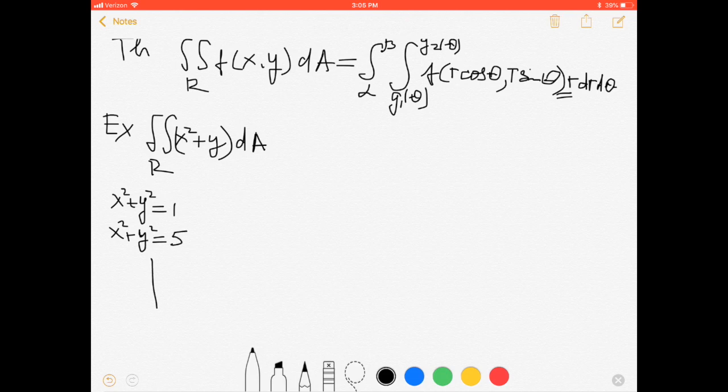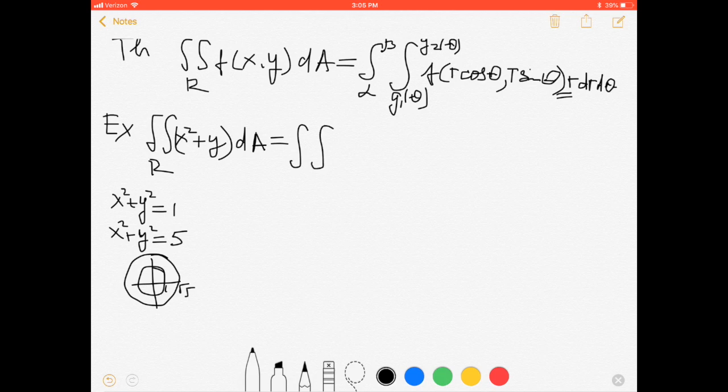This means I have two circles, one with radius 1 and the second with radius square root of 5. Okay, how is it changing?